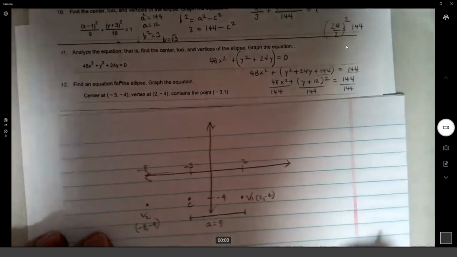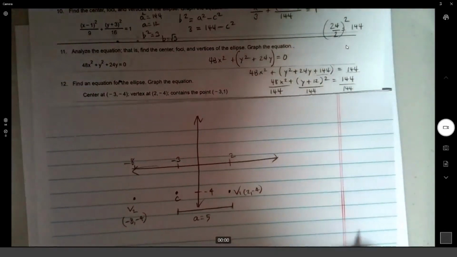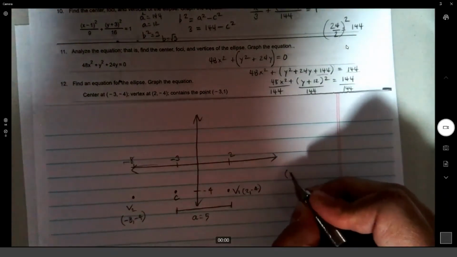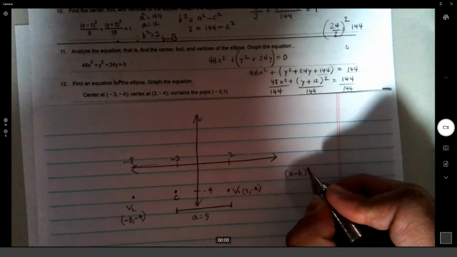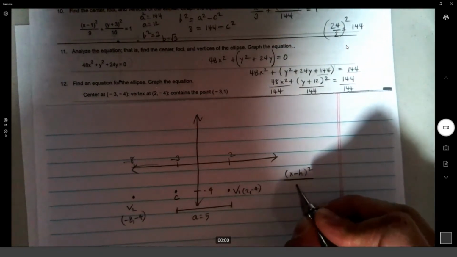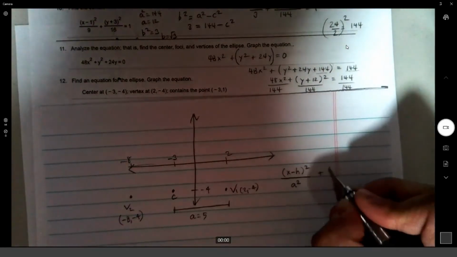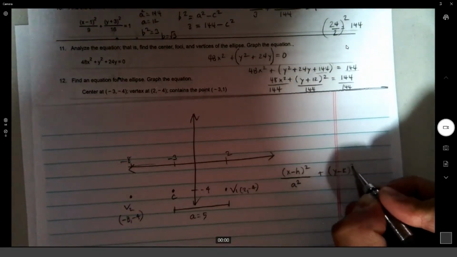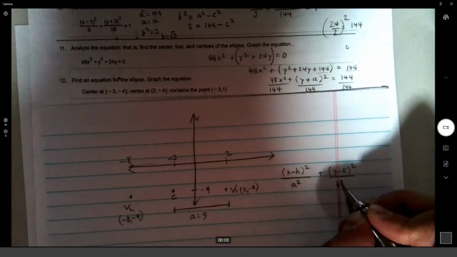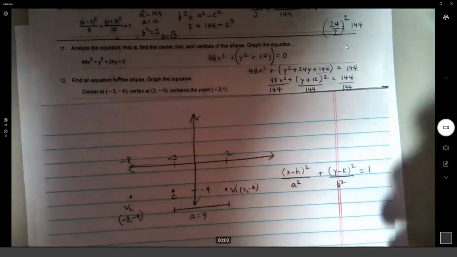So we have an ellipse of the following form: x minus h quantity squared over a squared, because it is laying on its side, plus y minus k quantity squared over b squared is equal to 1.